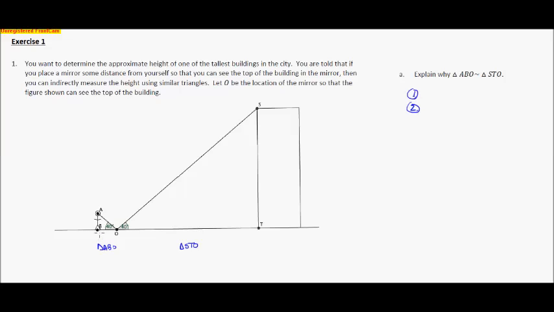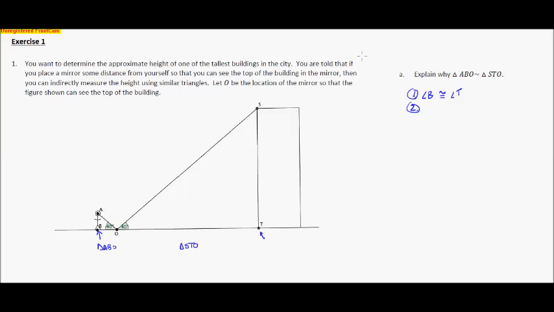If this person is standing straight up and down and this building is straight up and down, which we hope is the case, we can assume that the angle with the person and the ground, angle B, is 90 degrees, and that the angle made by the building and the ground, angle T, is also 90 degrees. So we can say that those are congruent.